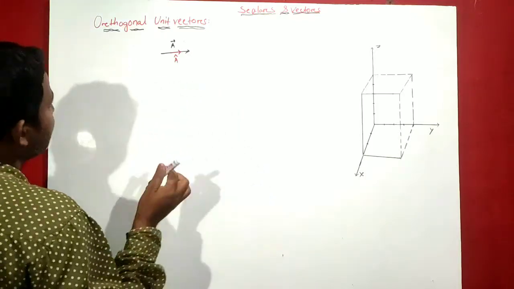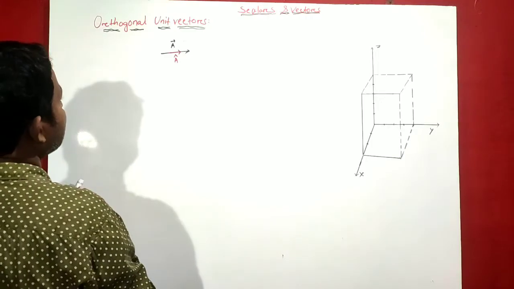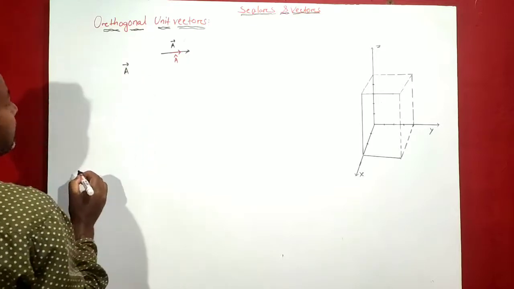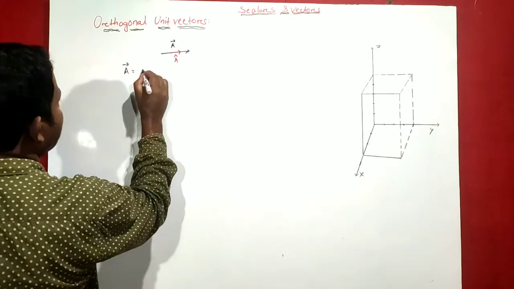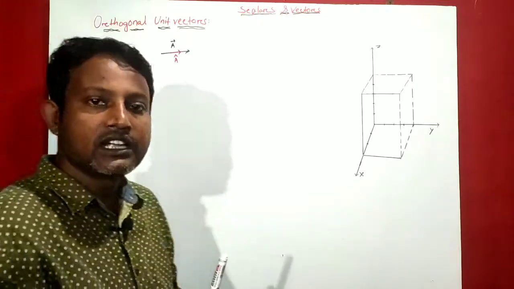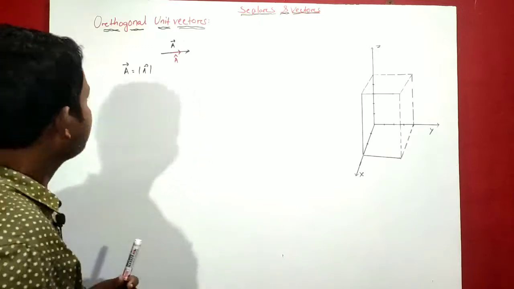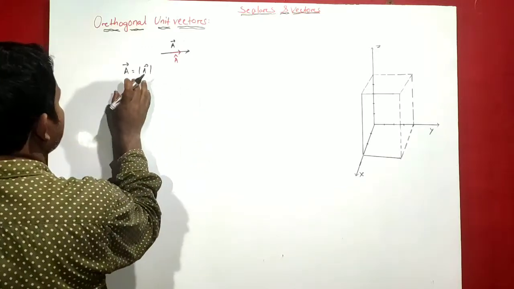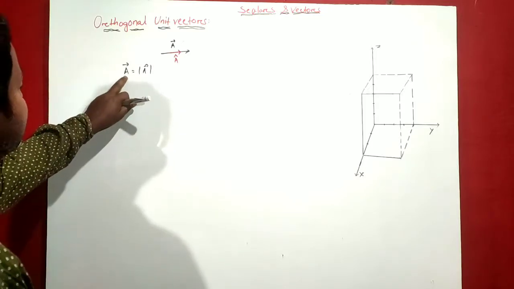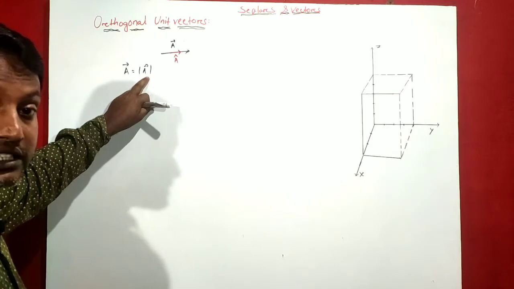So if we write mathematically, when we express a vector A, a vector always needs two things. One is magnitude and another is direction. Now in this equation, in left hand side this is a vector, but in right hand side this is a magnitude of vector.